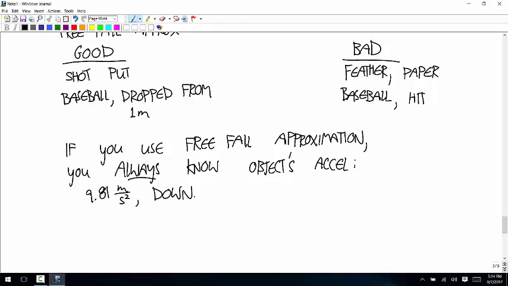Up when it's on the way up. So which way does its acceleration have to be? Down. And then when it's on the way down, is its velocity up or down? Down. Is it speeding up or slowing down? Speeding up, and so its acceleration in that case has to be down also. So its acceleration, no matter what the thing is doing, is downward at 9.81 meters per second squared.